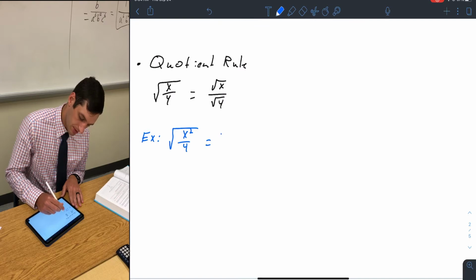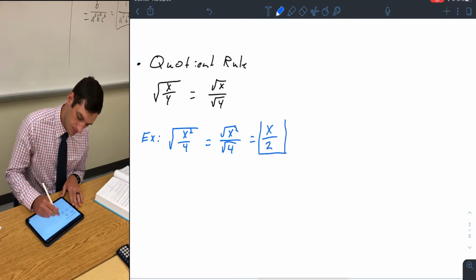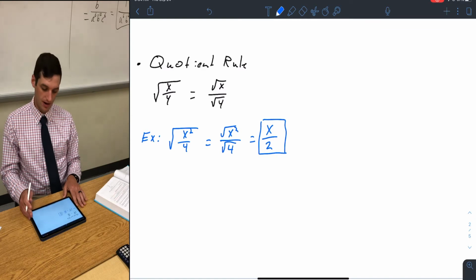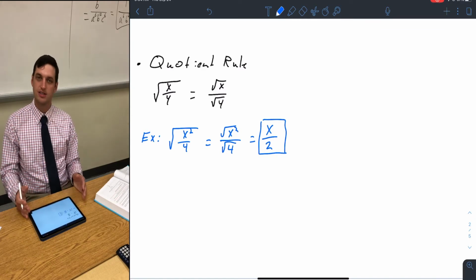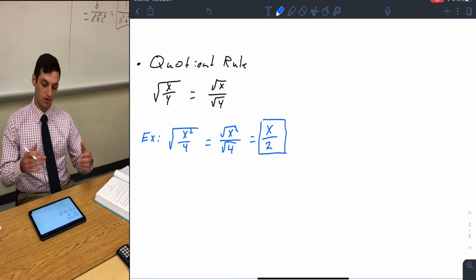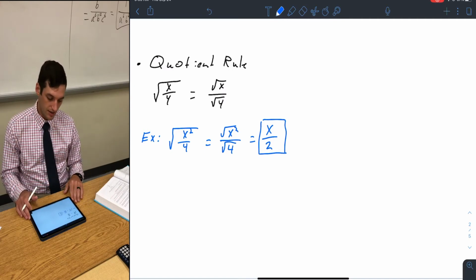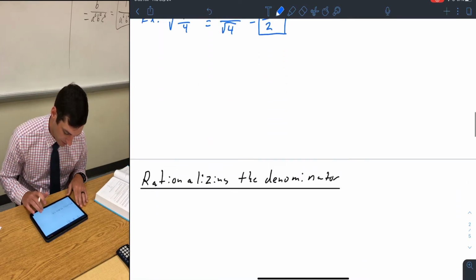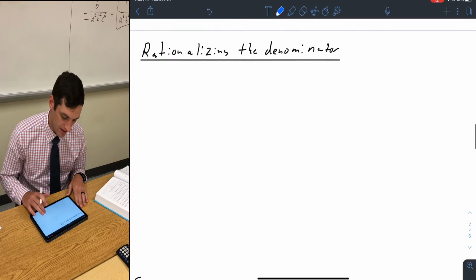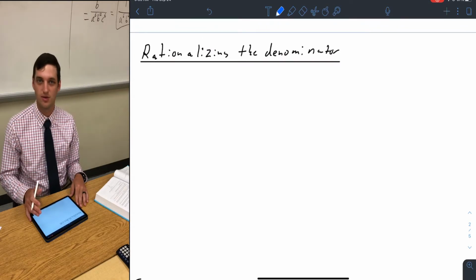Well, this is the same thing as the square root of x squared over the square root of 4, which is equal to x over 2, or 1/2 x, however you want to write it. But now you're starting to see the purpose of why we do these kind of things. All right, so let's move on to rationalizing the denominator. Oh, this is good, especially right after the quotient rule.